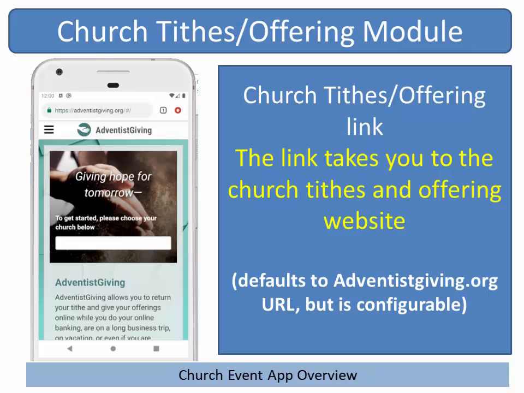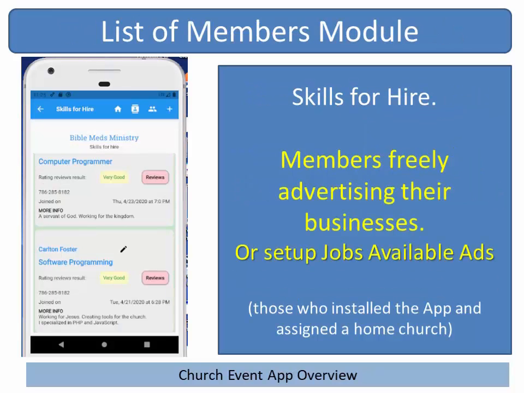Then we have another thing called Skills for Hire. This is the area where members of the church who have their own personal business can advertise freely, like for example a mechanic, a software engineer, or a computer repair person. They can advertise their business so that members can see who these individuals are, and maybe call them and solicit them for service.